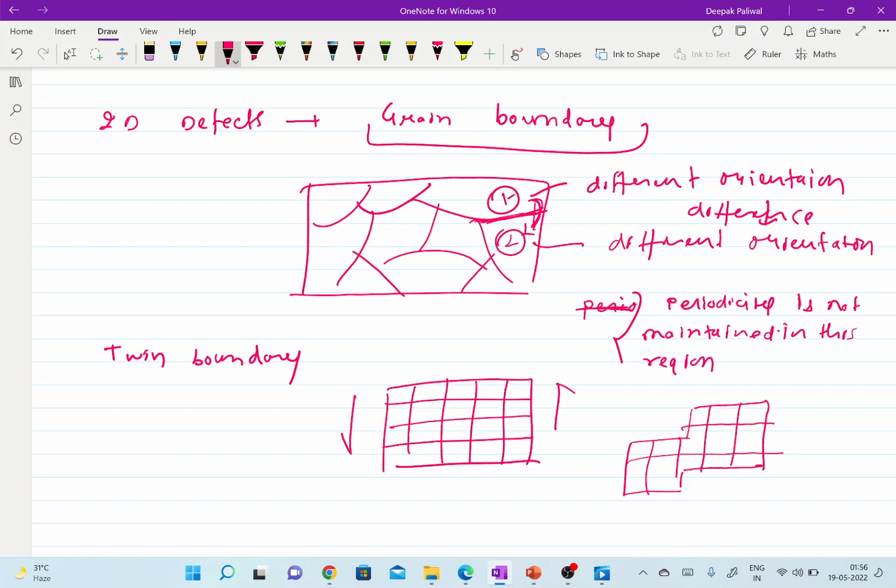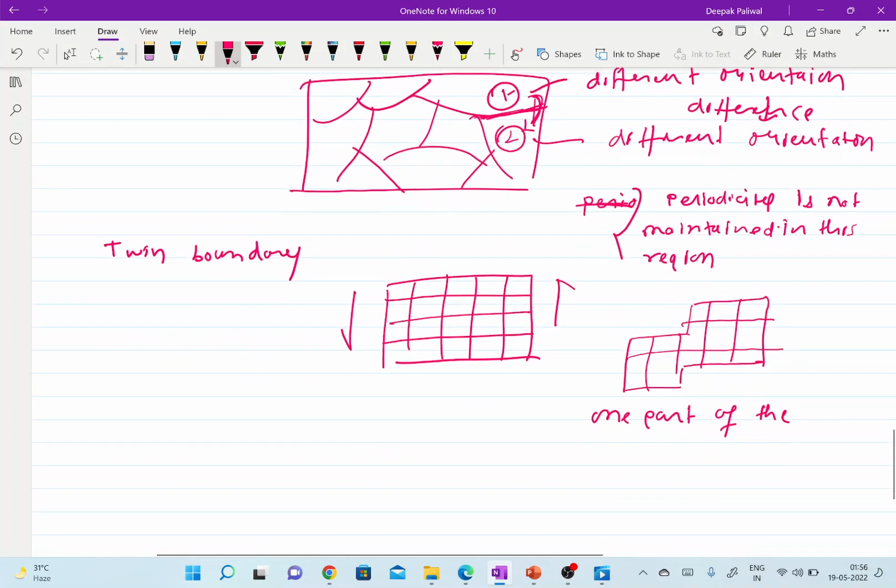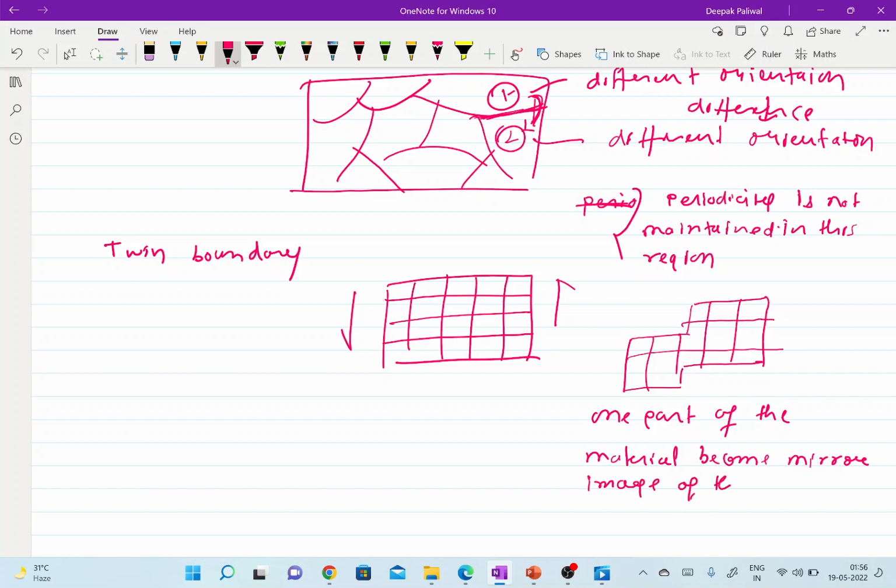So one part of the material becomes a mirror image of the other deformed part.